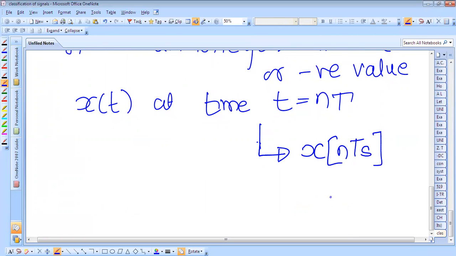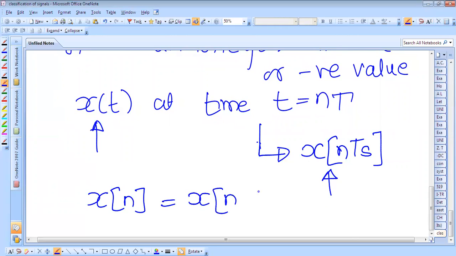So this is a discrete function. Whenever n is there, that is a discrete function, and whenever x of t is there, this is a continuous function. Therefore for convenience of presentation, we can write x of n is equal to x of n Ts, where n is equal to 0, plus minus 1, plus minus 2.